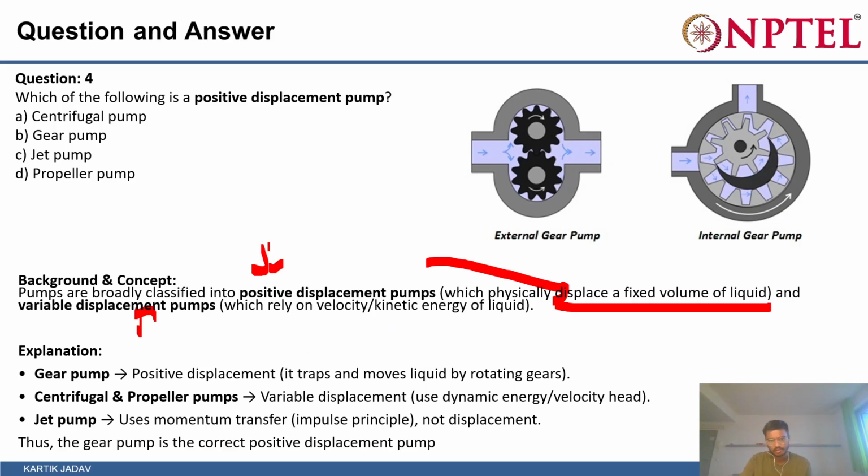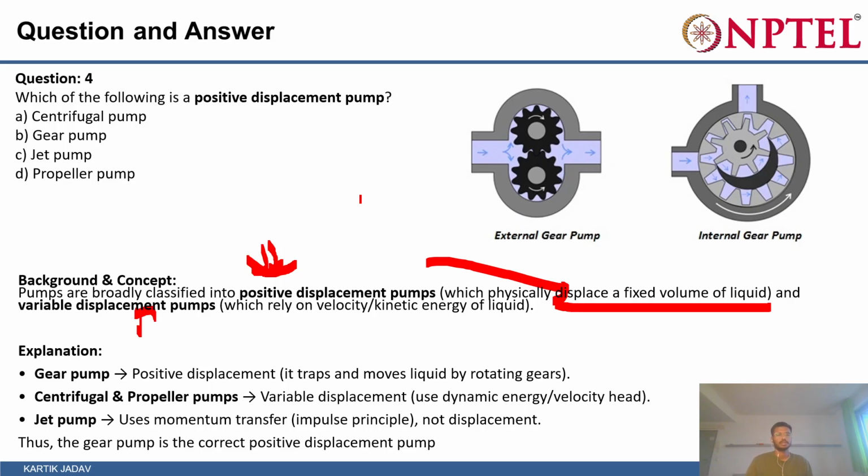In general, a positive displacement pump discharges a constant volume of water and uses high pressure, while a variable displacement pump relies on the velocity and kinetic energy of the liquid, and based on that it discharges.